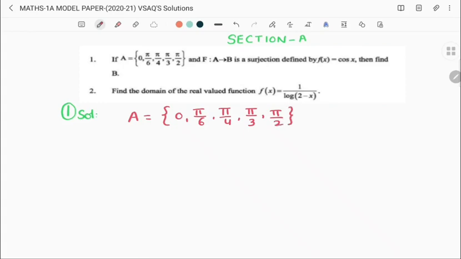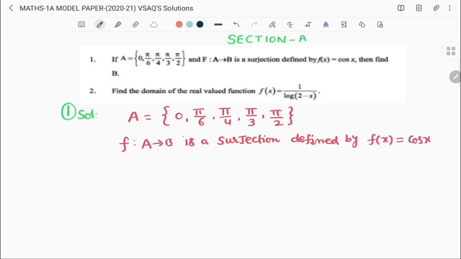And a condition is also there. f is defined from A to B, is a surjection, defined by f of x is equal to cos x.